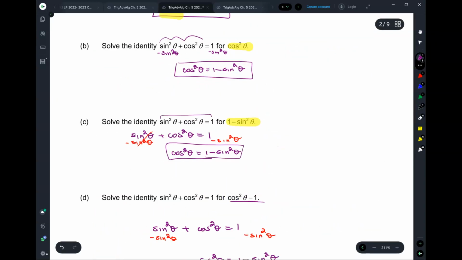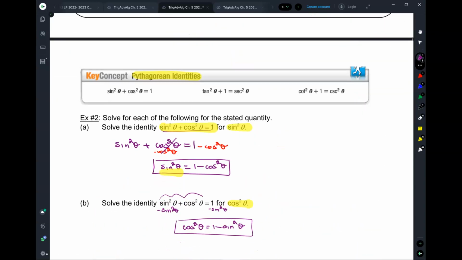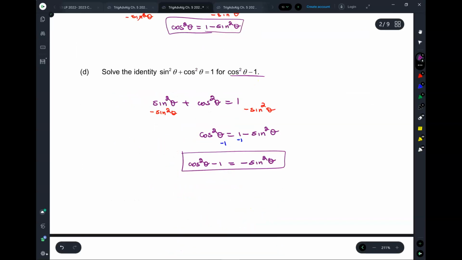So let's go here. I have cotangent. I need sine or cosine. Okay, this is cotangent. It relates to cosecant. But if I find cosecant, is that not the same as sine anyway? It's just a reciprocal? Yeah. So I can go ahead and use that one.